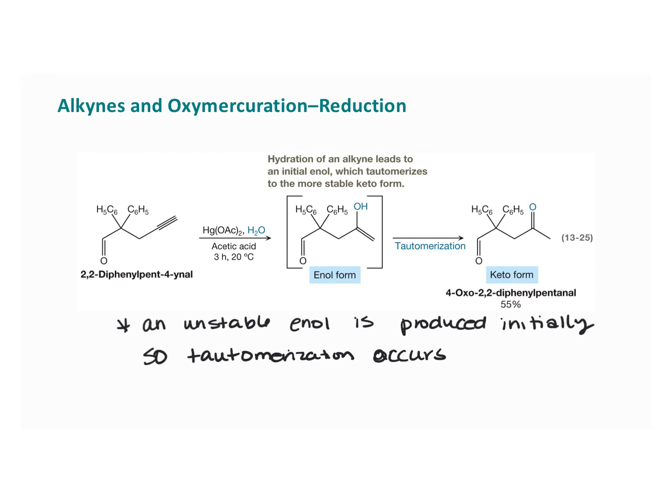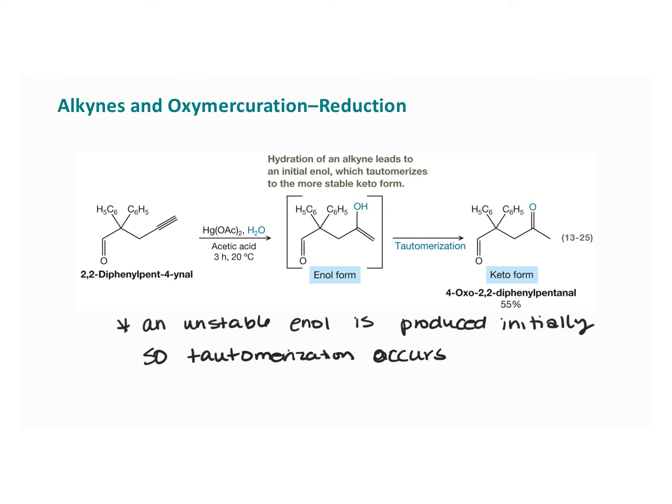Okay, and so we end up here. So if we add water across a double bond using the mercury acetate, we end up with an alcohol functional group. If we do this with a triple bond, we initially get an alcohol, but it almost immediately rearranges, and we end up with a ketone functional group. And so that's what we see there.